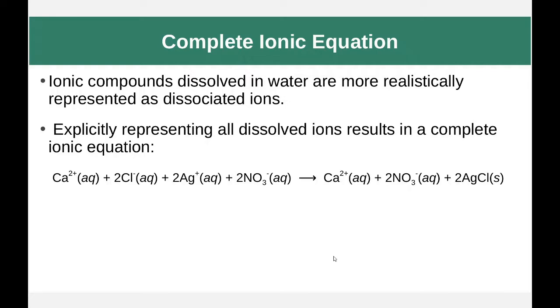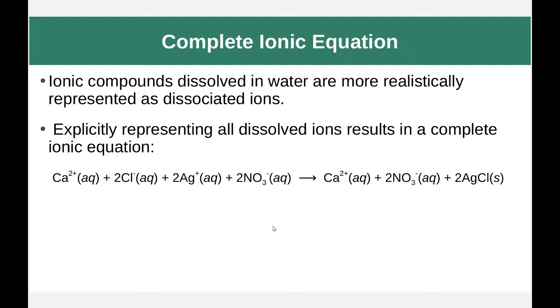In the complete ionic equation, you can see that there exist some species that didn't really do anything. So here we have calcium 2 plus, and over here we also have calcium 2 plus. Nothing really changed about that. And you have two nitrates here, and over here we have two nitrates. However, that's not true for all of them. So here silver and chloride combine together to form a solid.